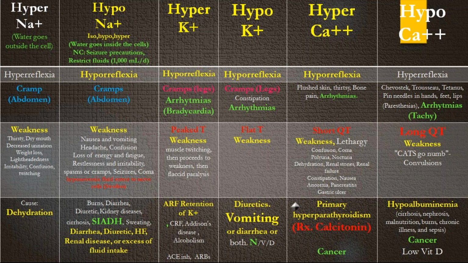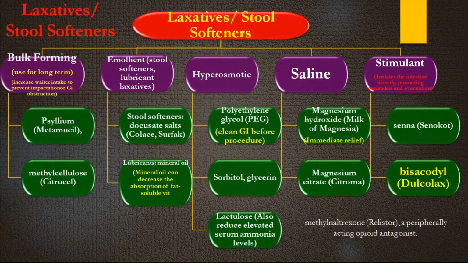The difference is that with hypo or hyperkalemia, they are mostly going to have cramps in the lower extremities, and hypo or hypernatremia is going to have cramps in the abdomen. Hypo or hyperkalemia, could be either way, can lead to arrhythmias; kalemia is potassium. And natremia, meaning hyponatremia, mostly has LOC, loss of consciousness. Okay. All right. So let's keep going.